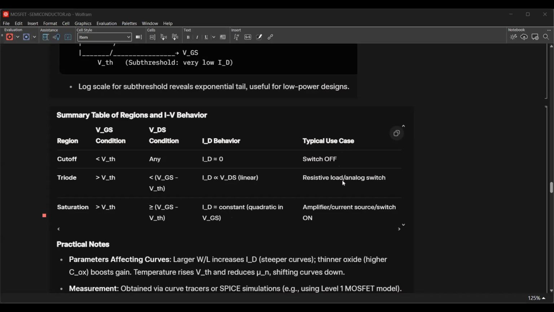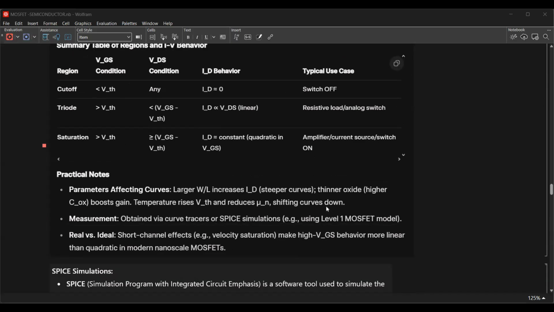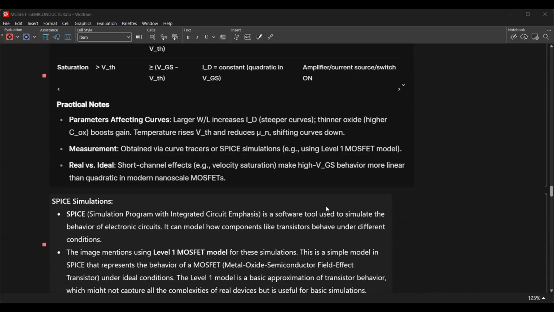In the triode, resistive load or analog switch, where the transistor acts like a resistor. In the saturation, it is used in amplifiers and current sources, switch on. So we have the practical use here.